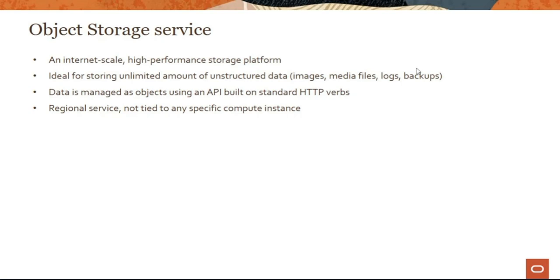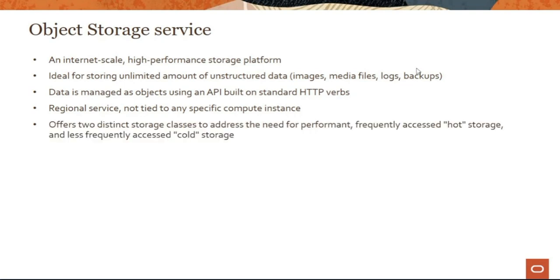Object storage is a regional service, and again, unlike the file storage and the block storage, you are not really tying this to compute instances. It's not like you mount this disk and use it as a disk to store your data and applications for your compute instances.